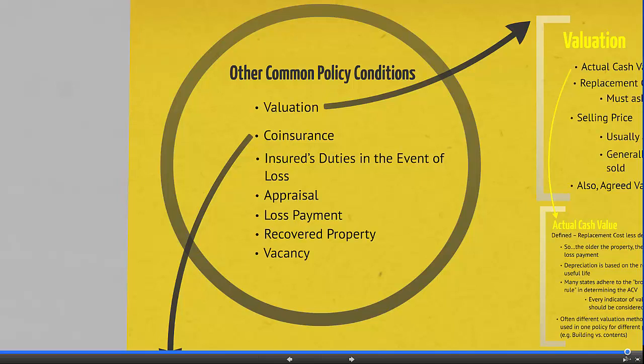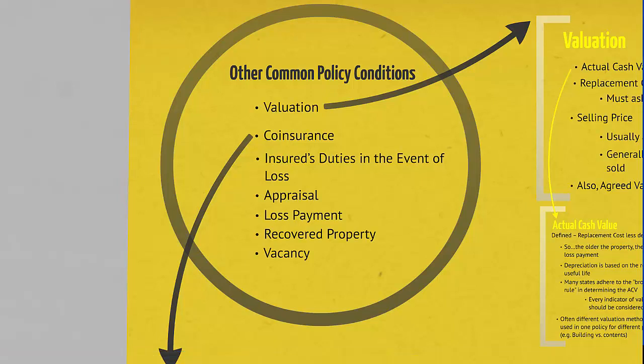Vacancy. If the property has been vacant for 60 days, the insurer is not obligated to pay for losses caused by vandalism, sprinkler leakage, building glass breakage, water damage, theft, or attempted theft. All other perils reduce the loss payment by 15%.